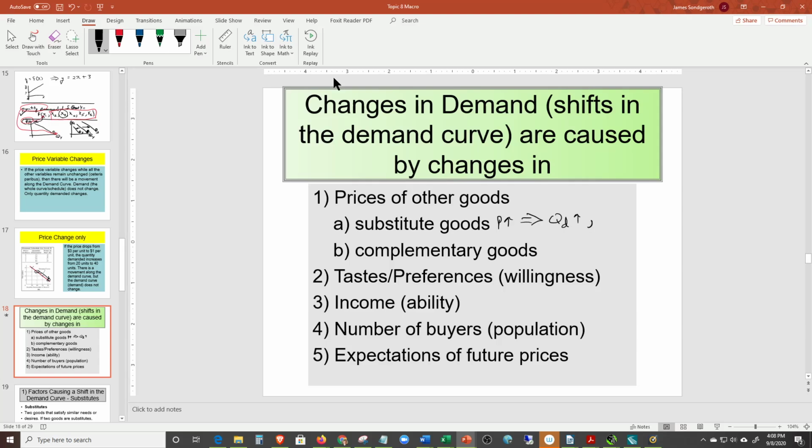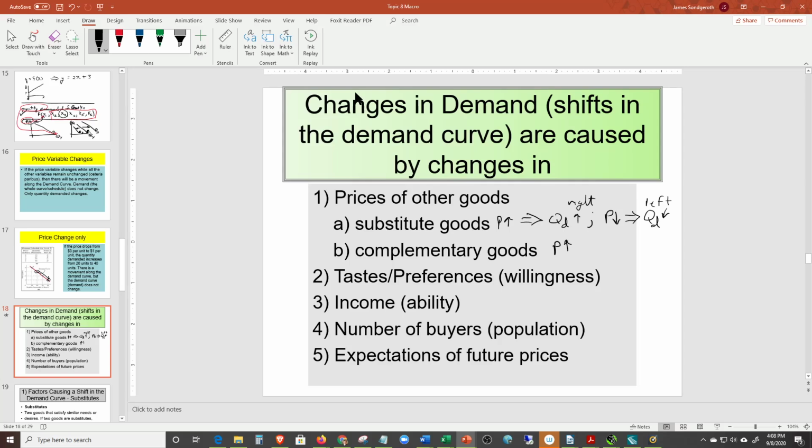On the other hand, if the price of a substitute goes down, that will imply that the quantity demanded of the good in question will go down. Whereas with complementary goods, this is a shift to the right, and this is a shift to the left of the demand curve we're interested in.